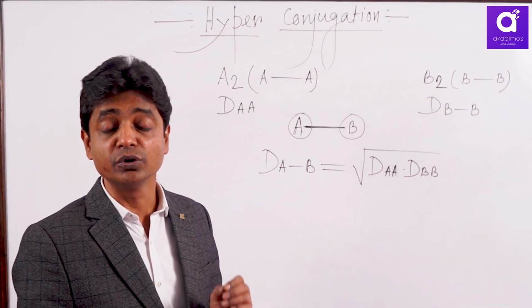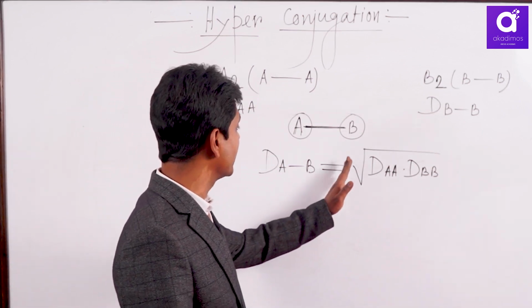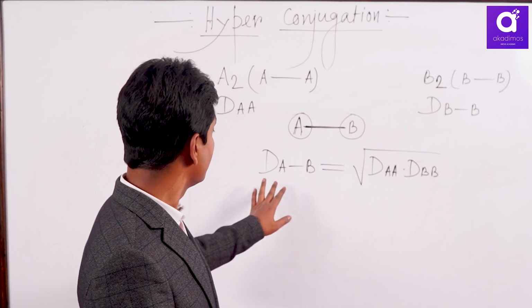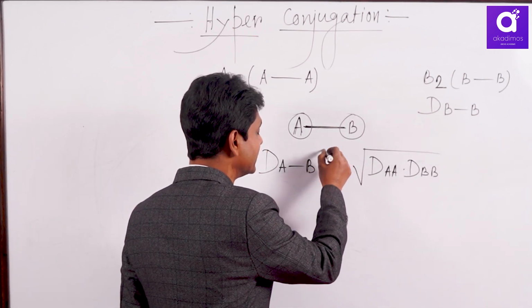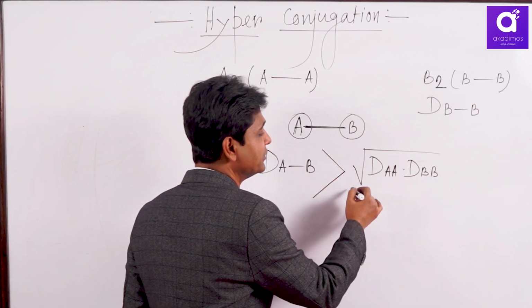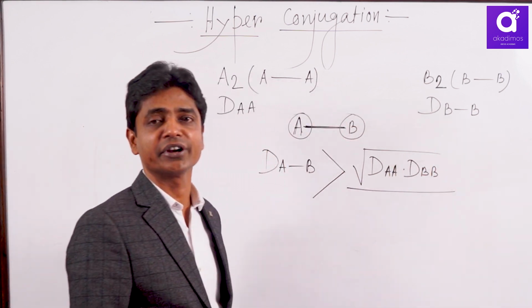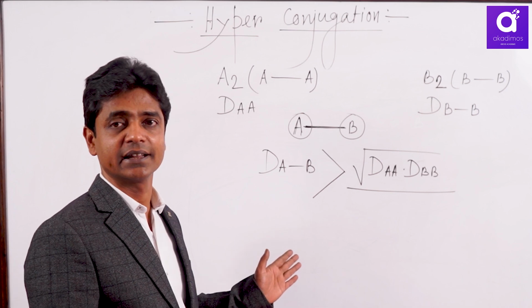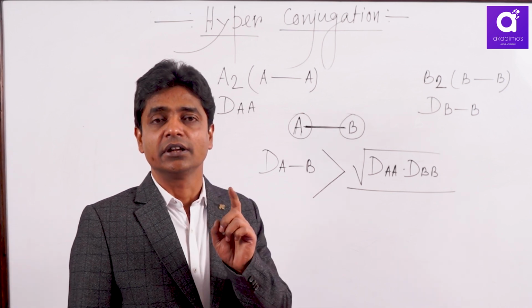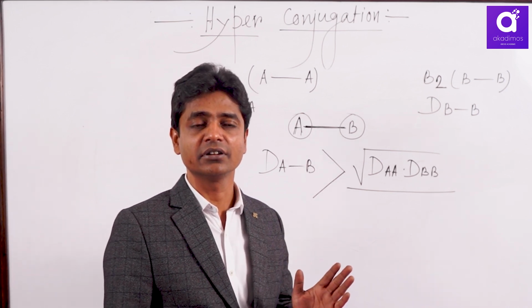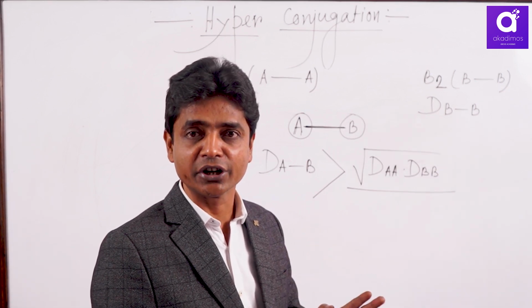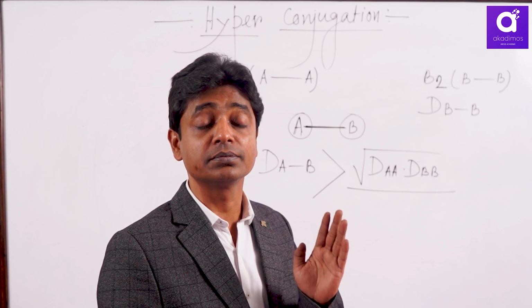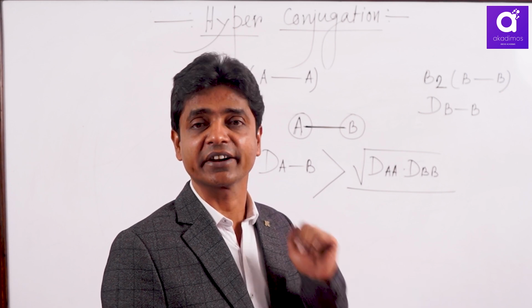But when you do the experiment and calculate the bond energy of AB, what will you see? Its bond energy is greater than the theoretically calculated bond energy. Now, why? That answer you will get from general organic chemistry, or the concept of electronegativity, or the concept of inductive effect.